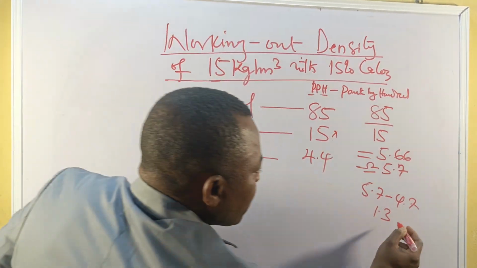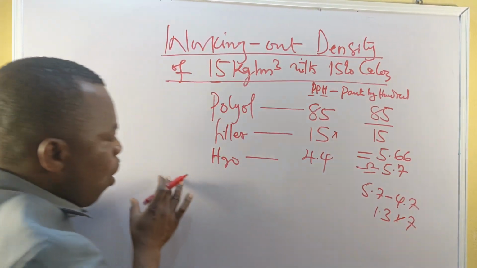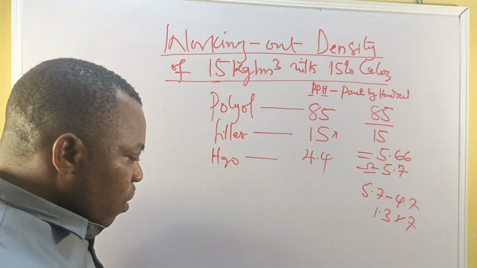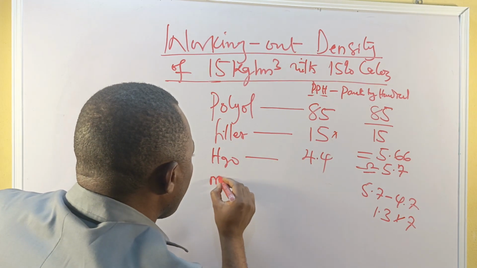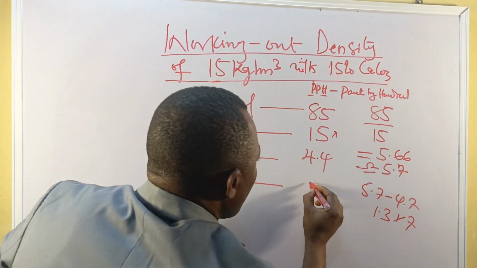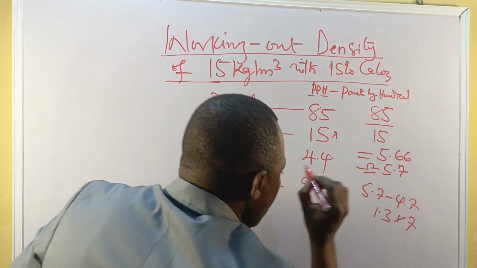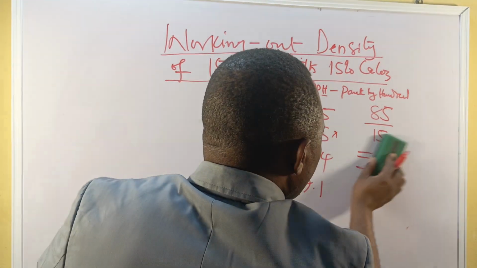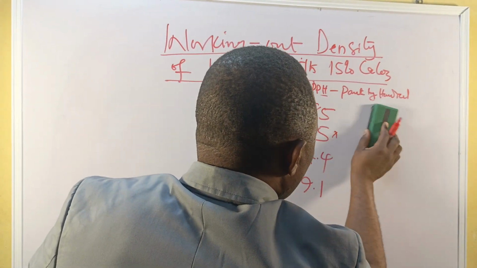Then you multiply this by 7, because 1 kg of water equals 7 kg of MC. My MC will be 9.1 parts. Are we all together? Good.